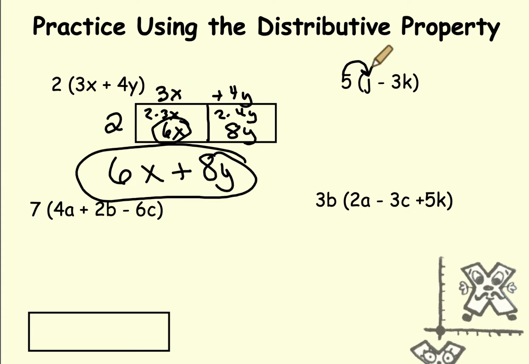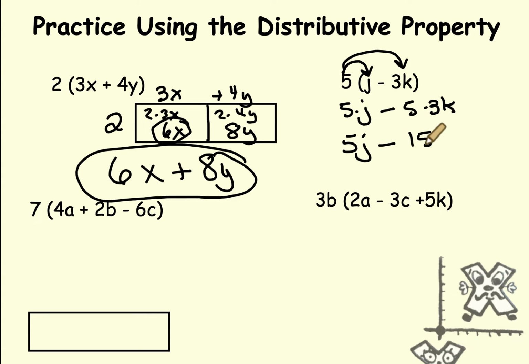What is 5 times j? 5 times j is 5j. This one's a subtraction one, so it would be a minus 5 times 3k. Well, 5 times 3 is 15, and since we don't know what the value of k is, we just write k as a neighbor.